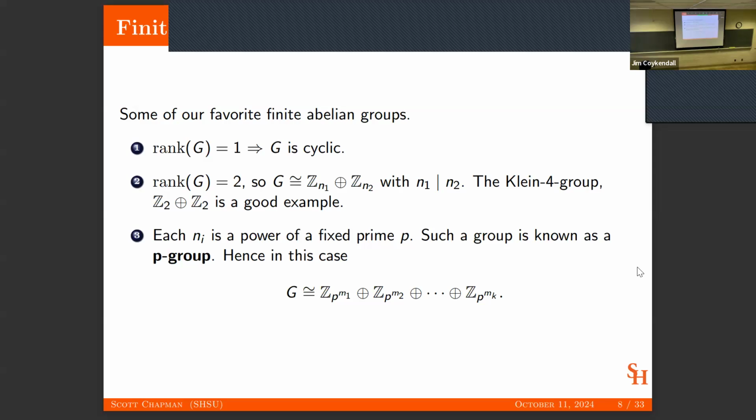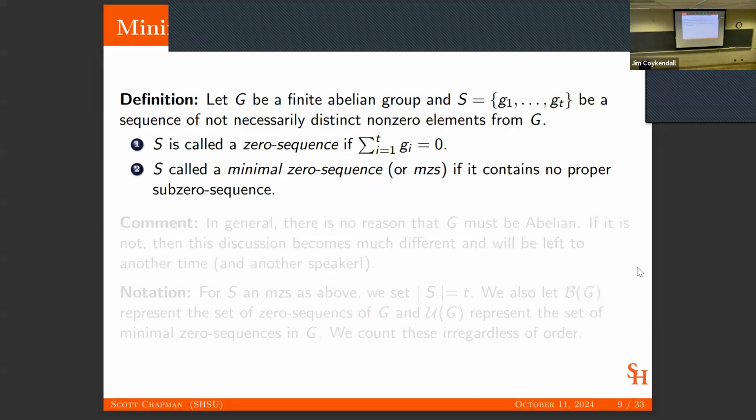Such a group is known as a p-group. Okay, so G is isomorphic to Z mod p to the m sub 1 plus Z mod p to the m sub 2. So again, the p is fixed there. I'm writing this out in terms of invariant factors. And so I guess cyclic p-groups are a good example where the forms do coincide. That's right, okay. So cyclic groups, rank 2 groups, and we're going to talk in great detail about rank 2 groups and in a few minutes, rank 3 groups and p-groups. Okay, so those are going to be our favorite groups today that we're going to start picking off and talking about.